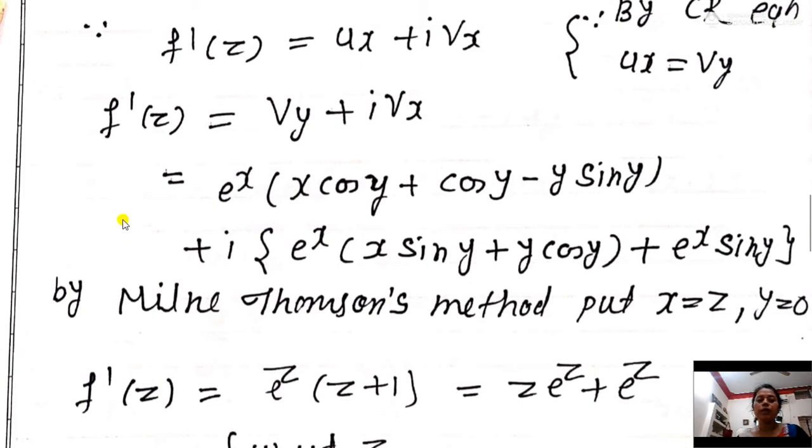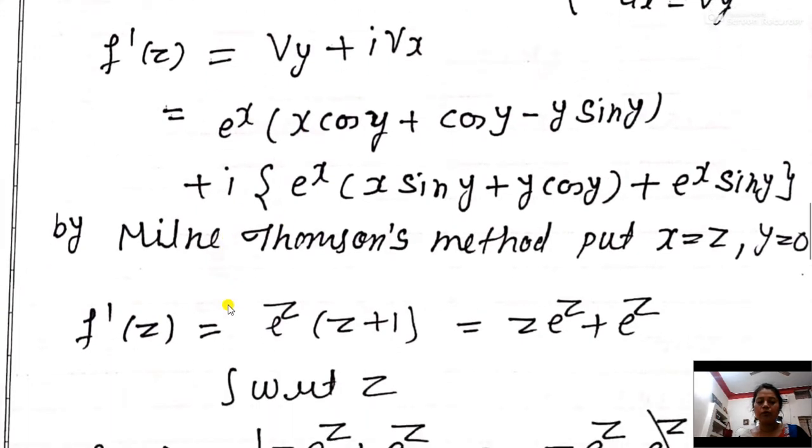So we have to use here Milne-Thomson's method. What is Milne-Thomson's method? We have to put x is equal to z and y is equal to 0 to represent this f dash z in terms of z. So we put x is equal to z and y is equal to 0.